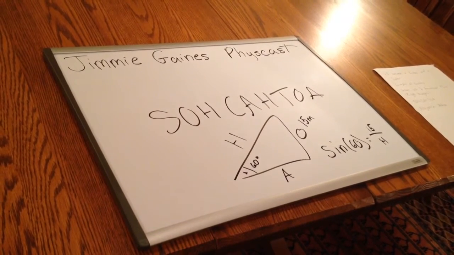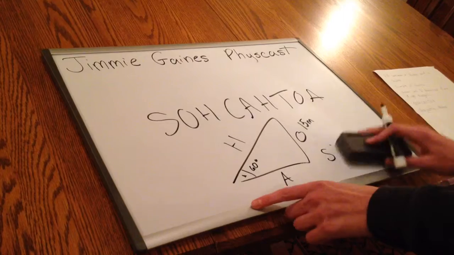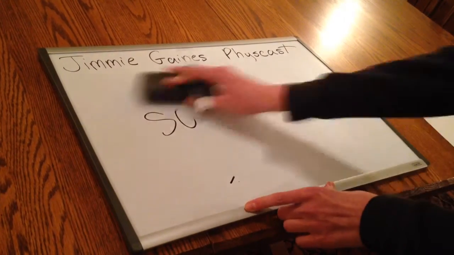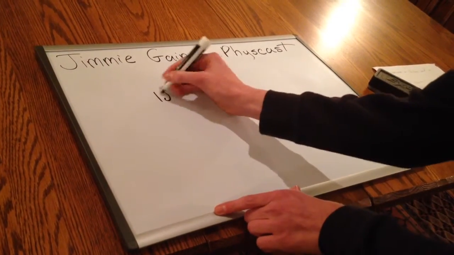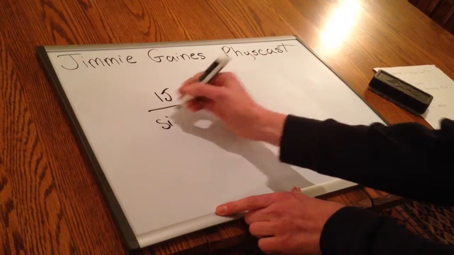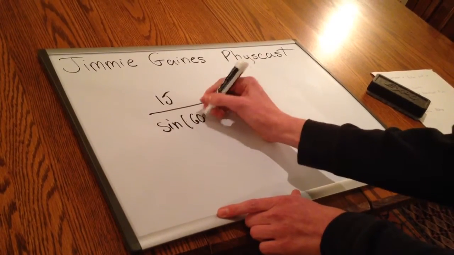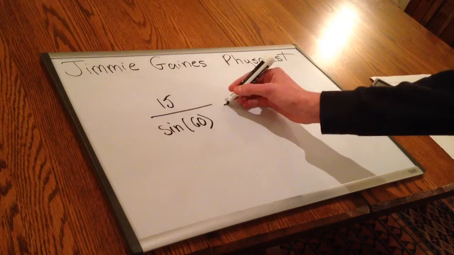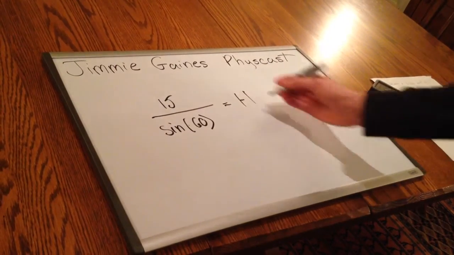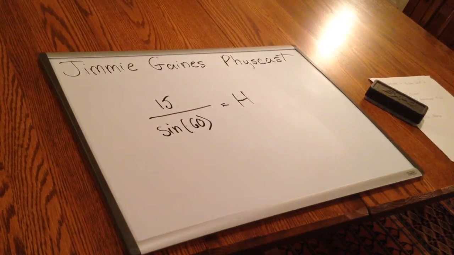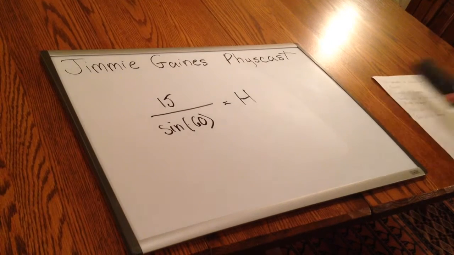So through algebra, we can come out to have 15 over sine 60 equals h. And that can be put into a calculator and you can find the length of your hypotenuse.